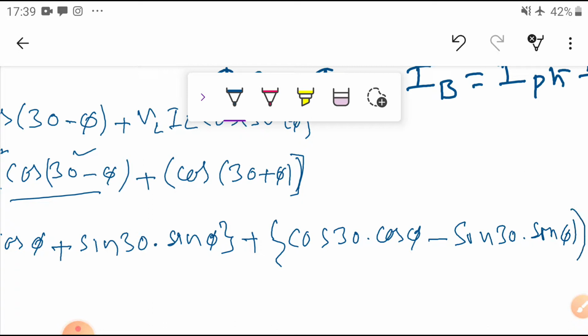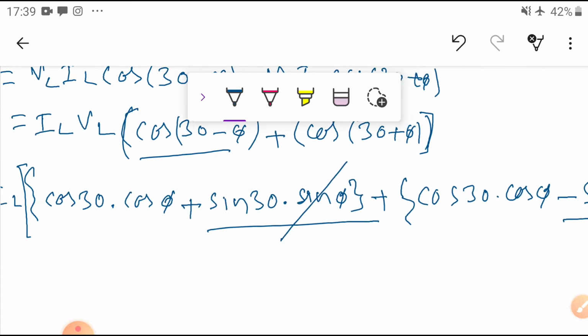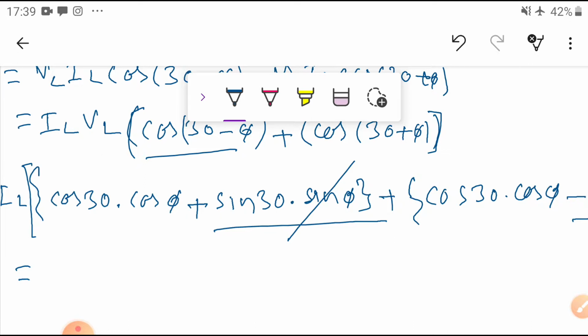Okay. This is the equation. Now, you can see it is a minus value here, plus value there. Okay. Simply it will go. Then write this equation. So, that is equal to VL IL.